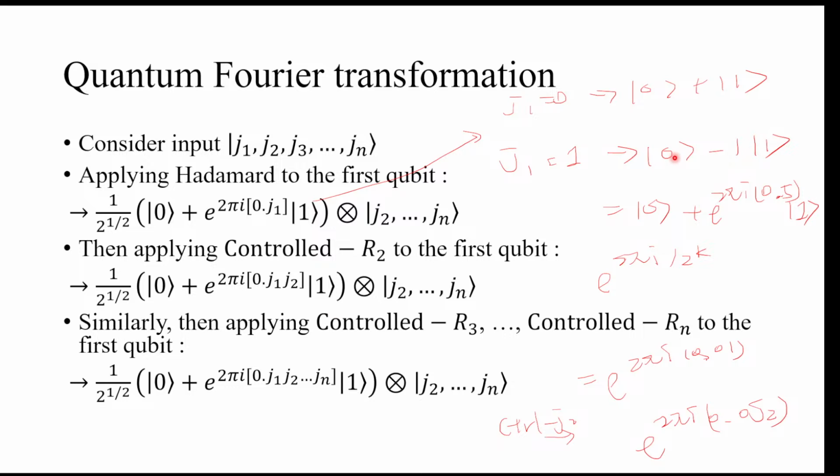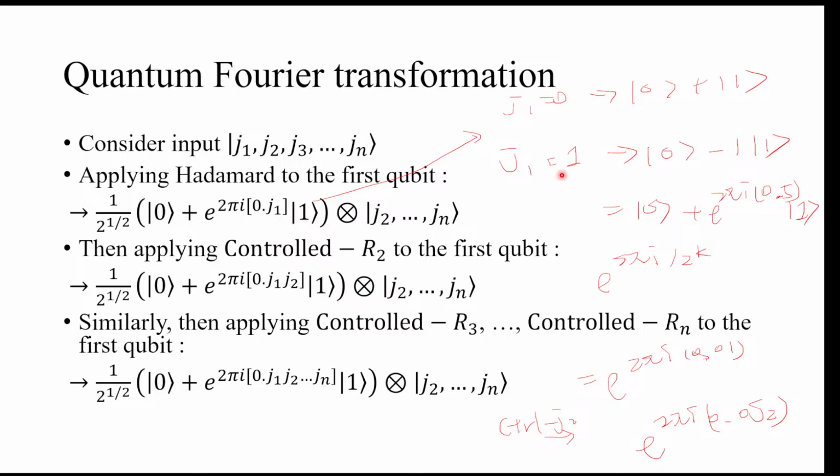Then you can combine those two expressions into e to the 2 pi times, and this minus 1 is e to the 2 pi times 0.5, or in terms of decimal, 0.1. So it's e to the 4 pi and the bracket 0.j1.